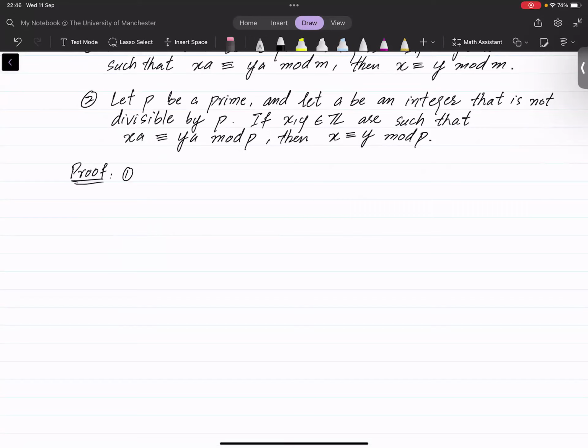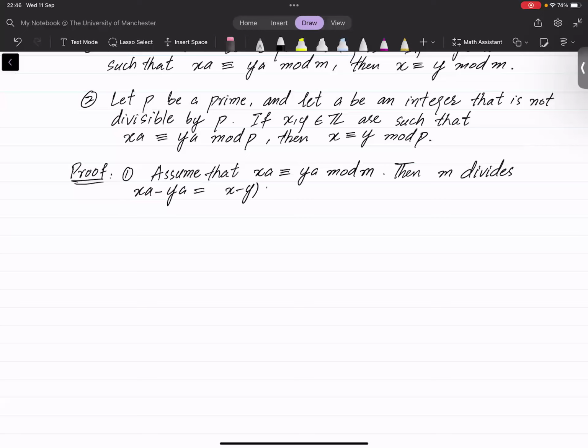And we can prove this. So number 1, assume that xa is congruent to ya mod m. Then m divides xa minus ya, which is equal to x minus y times a.